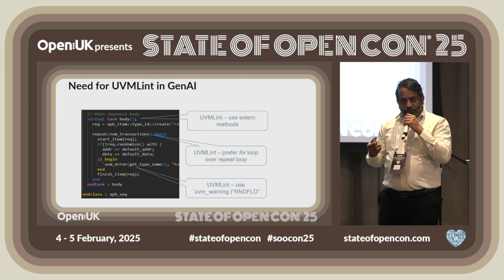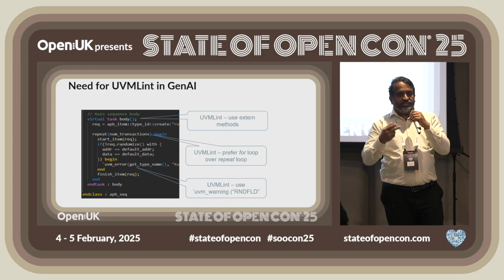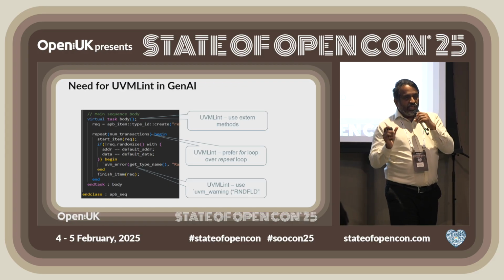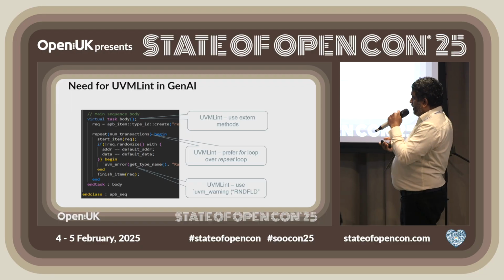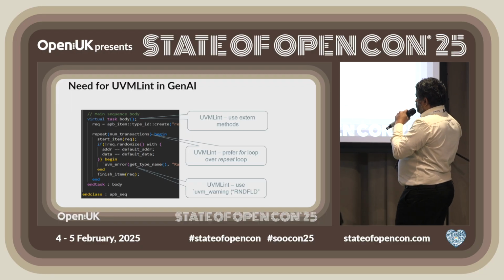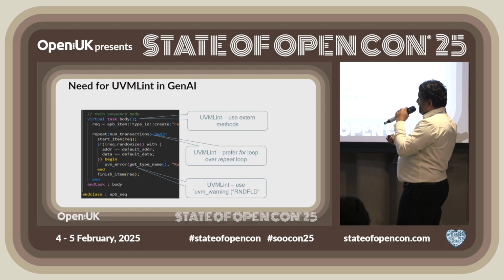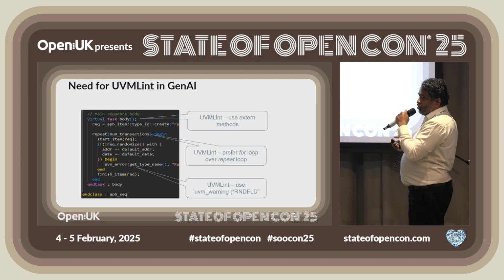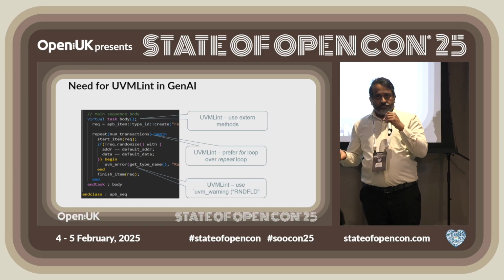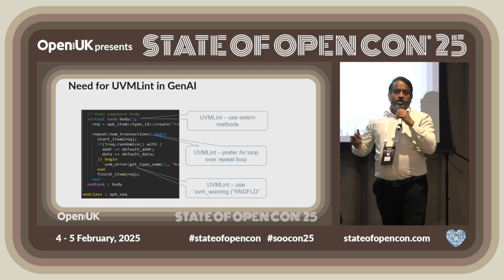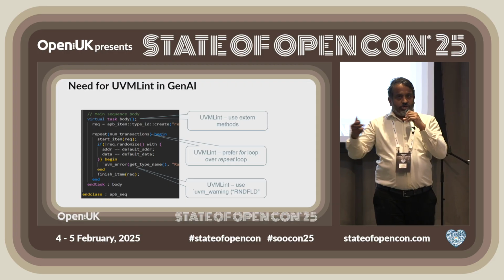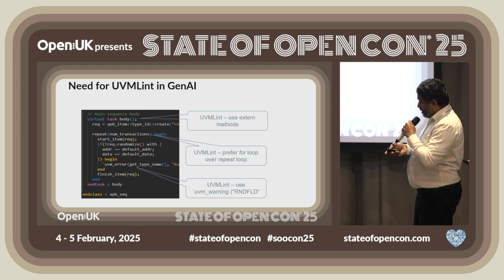It will be nice to have the same API and consistent ID when you report randomization failure. So one user came and said, I want to make sure wherever I have this piece of code, it should be uvm_warning, not uvm_error. Again, plug it in as a rule, and make sure you get consistent results with your GenAI.